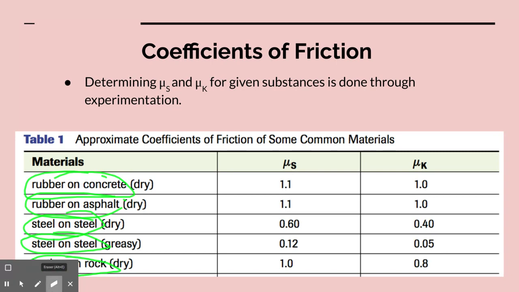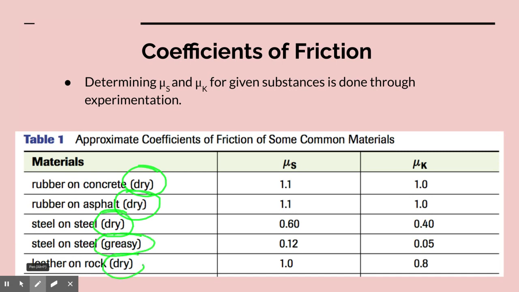But also notice, this is really interesting too, that obviously it changes based on the conditions that either of these are in. So there's a dry condition, a wet condition, a greasy condition. They do take that into account, because that will affect your coefficients here, which is pretty interesting.